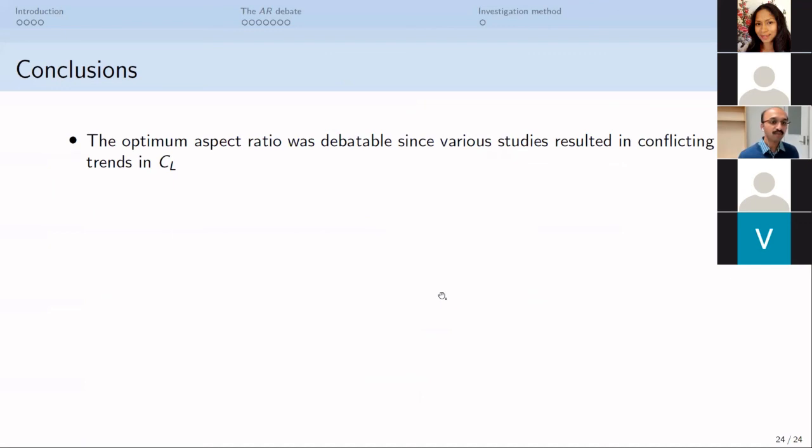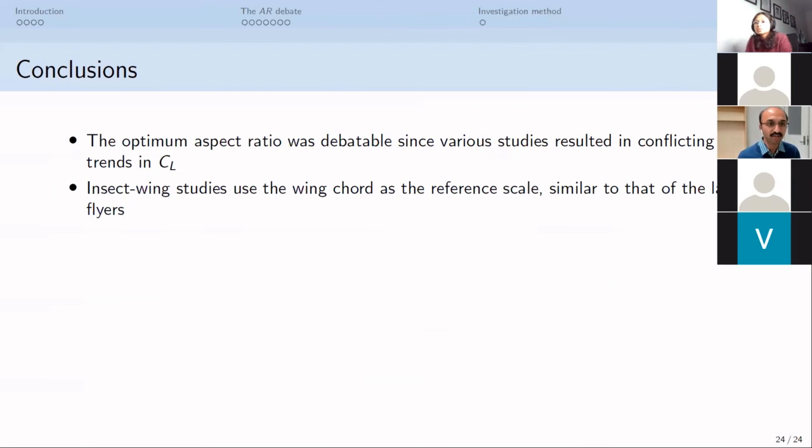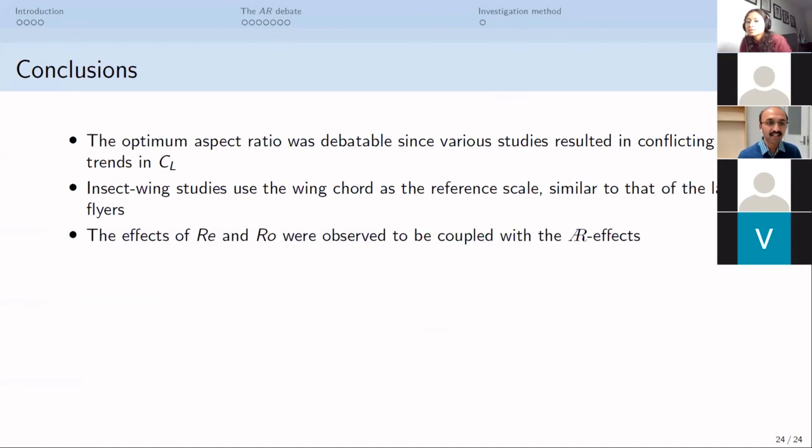So basically, we observed that optimum aspect ratios have been debated in the past. Several studies in the past have conflicting trends in the lift coefficient. And those studies also use wing chord as the reference scale, and that is basically motivated from the wings of the large flyers.